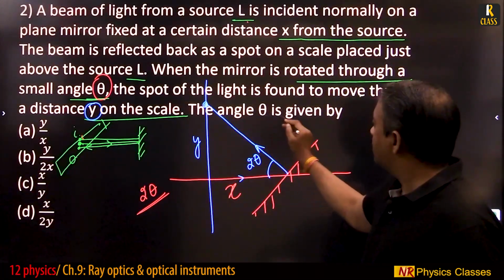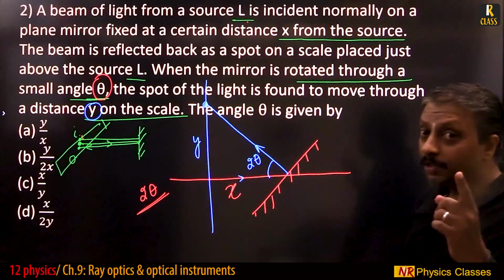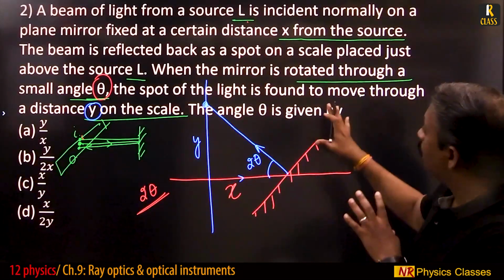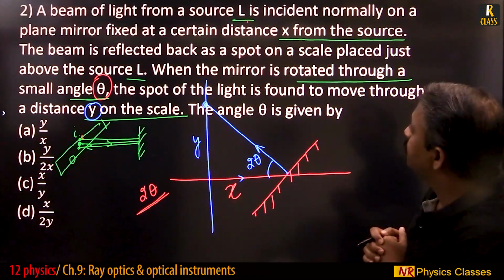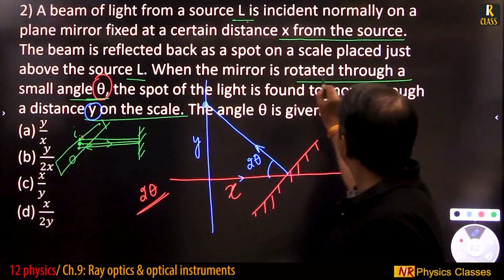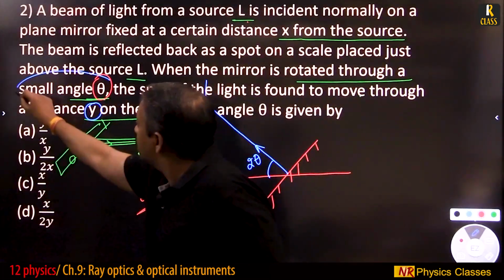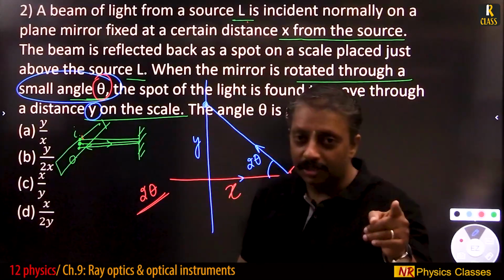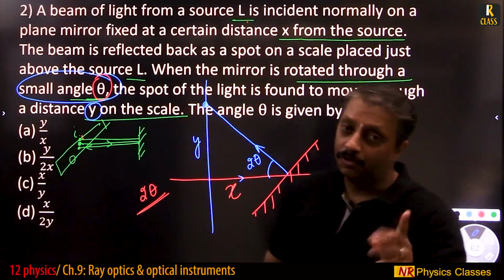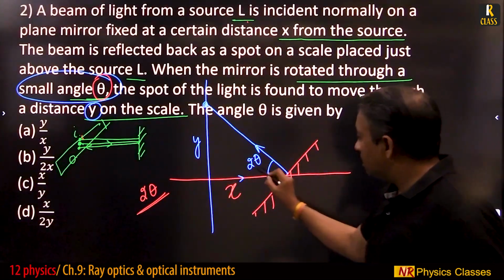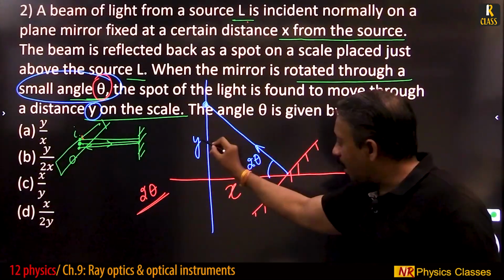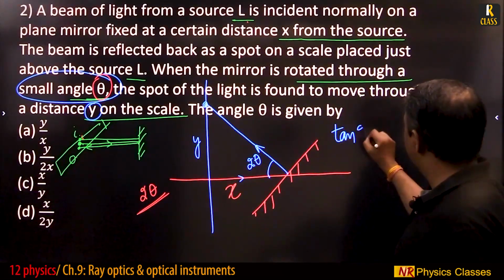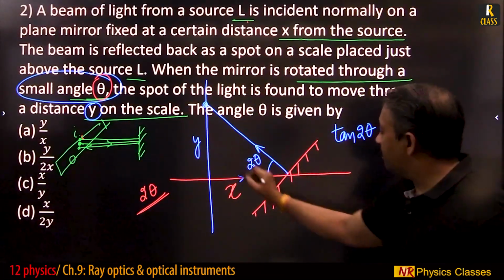See, the angle theta is given by, and moreover concentrate on theta. The problem is beautifully crafted. When the mirror is rotated through a small angle theta, it means sin theta is approximately equal to theta, tan theta is approximately equal to theta. Now with respect to this angle, opposite by adjacent means tan theta. So tangent of 2 theta equal to y by x.